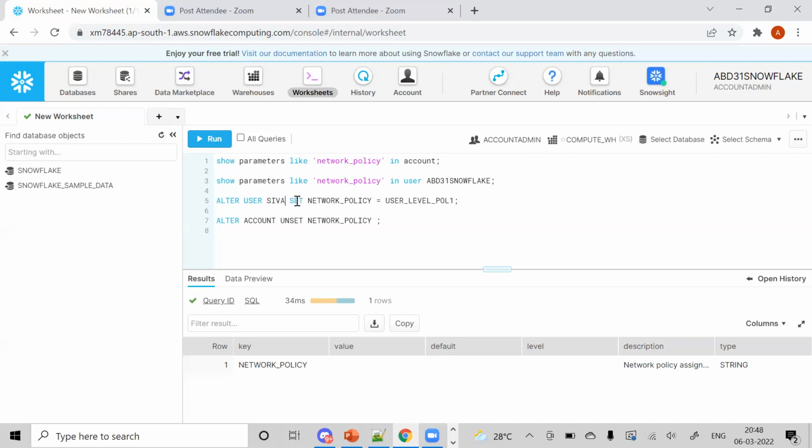This is Shiva. Set this. Shiva, can you log out once before I activate it for you? And Venkat, you also please log out. Yeah, Shiva, you have logged out?